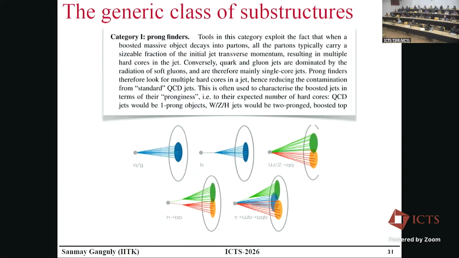Correct. But also I will say one thing. When you say rate, it's actually the production cross-section you have in mind. But let's say I give you just one jet, which is most likely coming from the hadronic decay of a top, and just one jet coming from gluon fragmentation.